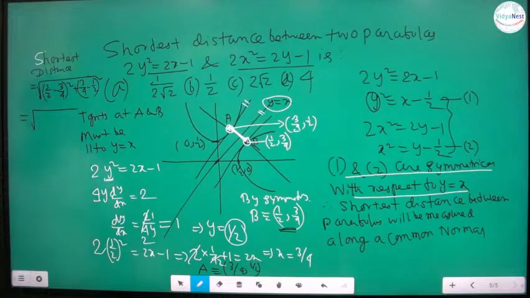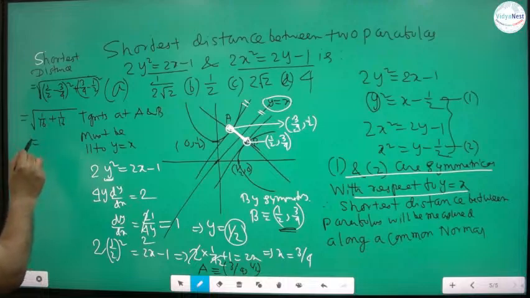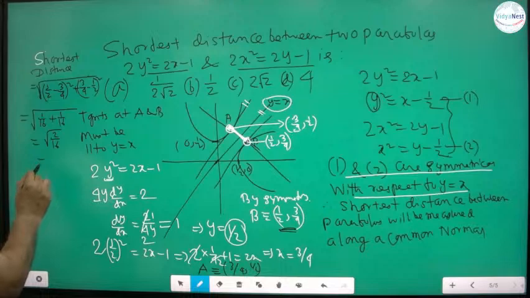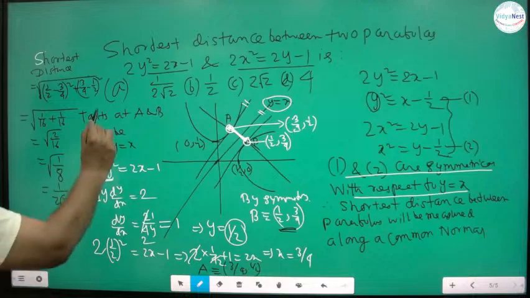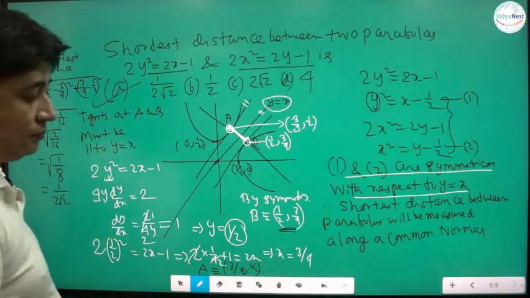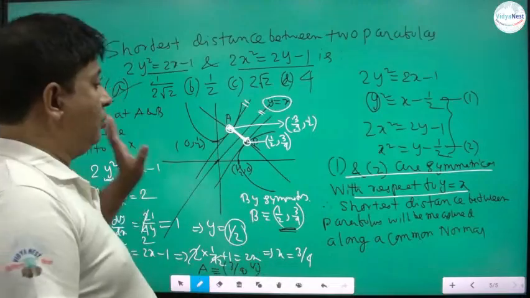Half minus 3 by 4 squared, that means 1 by 16 plus 1 by 16. That means 2 by 16, that means 1 by 8, that is 1 by 2 root 2. Option A correct.